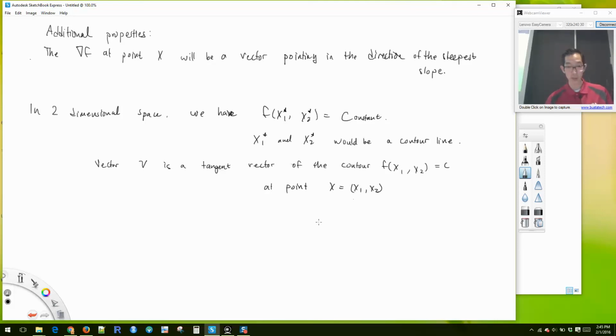Okay, and then what we will find is that the inner product of the gradient of x1 and x2 and our vector v, what is the inner product going to be here?